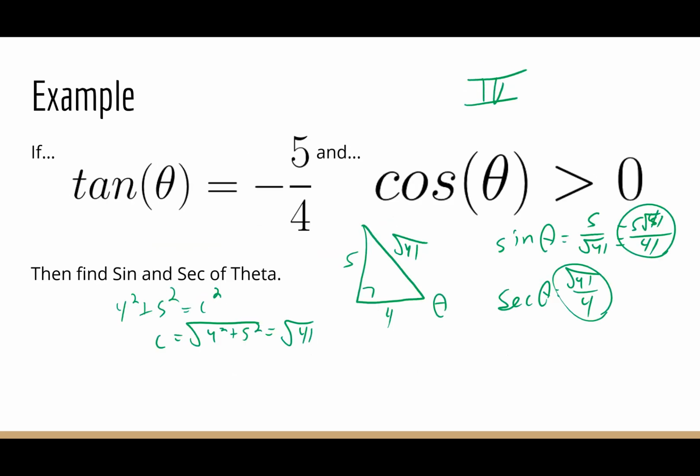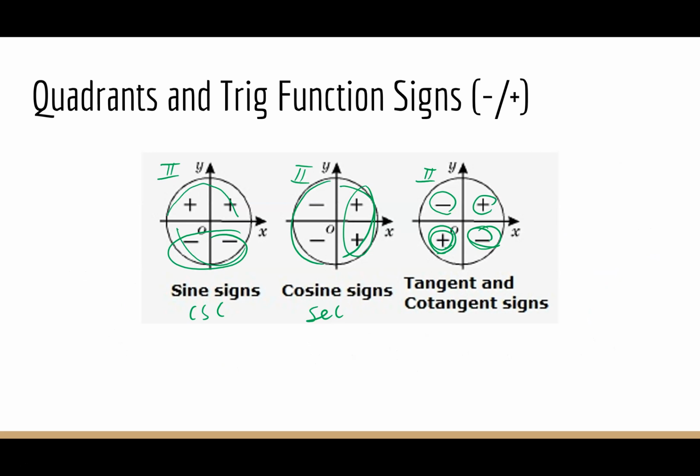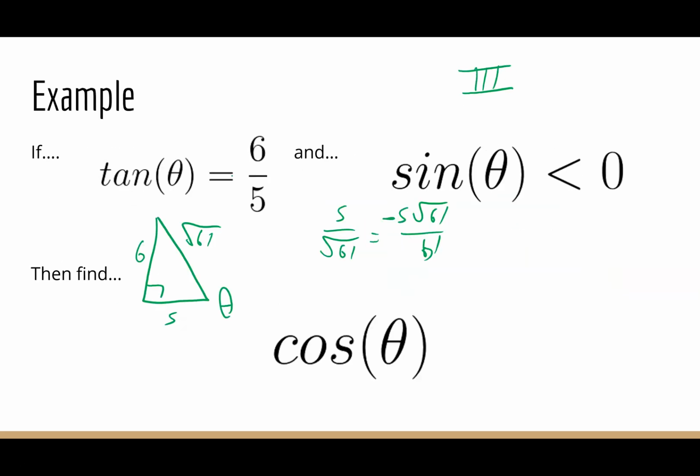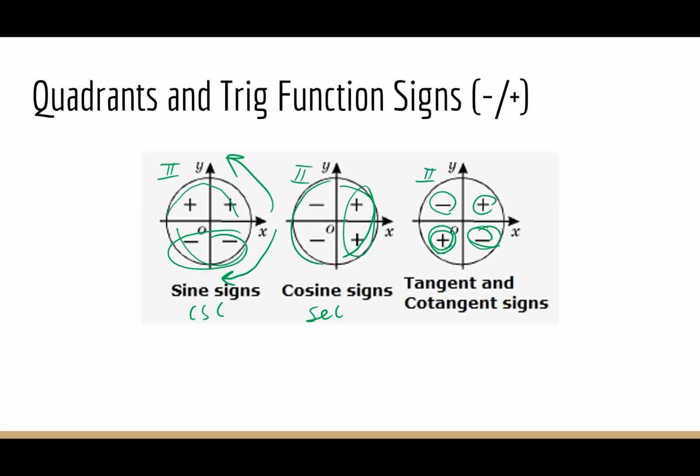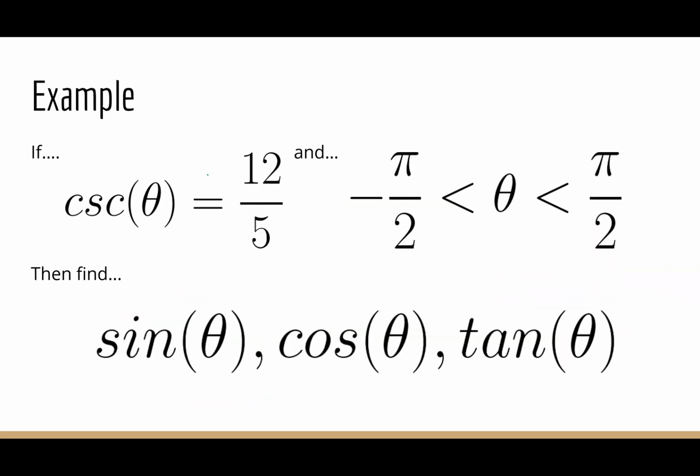So the inequality tells us that we are in the right half of the circle because we're between negative pi over 2 and positive pi over 2. And we want sine to be positive. And so we are on the right-hand side. Sine is positive in quadrant 1. So you just got to use the clues to figure that out.